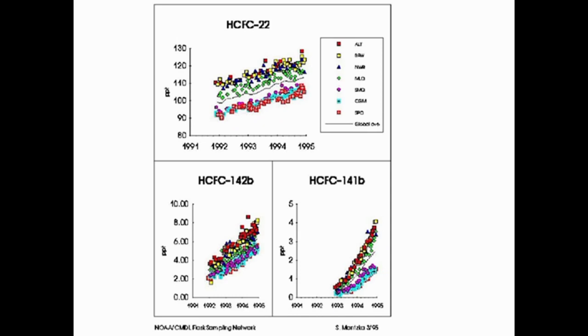If they're well mixed and you measure them at different places at different concentrations, what does that mean? Does that mean that they're not well mixed and I'm wrong? There are sources that are contributing more at some locations than other locations. So the difference in the concentrations can tell you where the CFCs are being emitted.